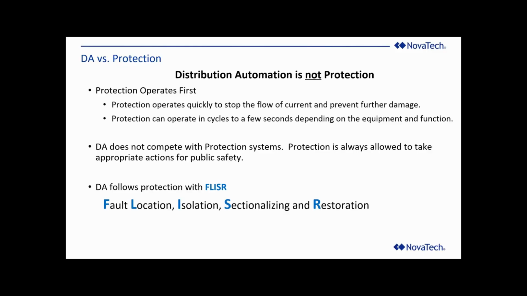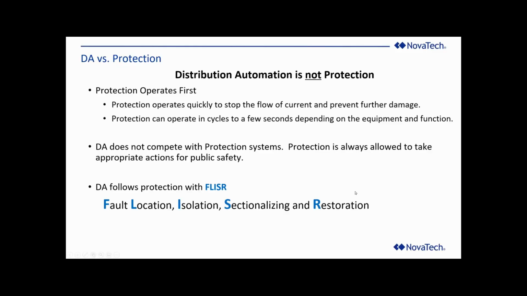It does what it's supposed to do to stop the fault current from flowing, open up devices, and do the isolation that it normally would do. And then distribution automation looks at the system after the dust has settled and decides what the issue was, where the problem is, and starts doing some isolation and restoration.